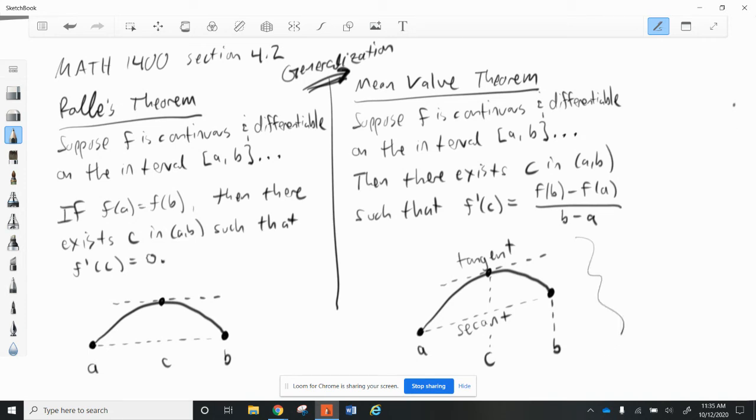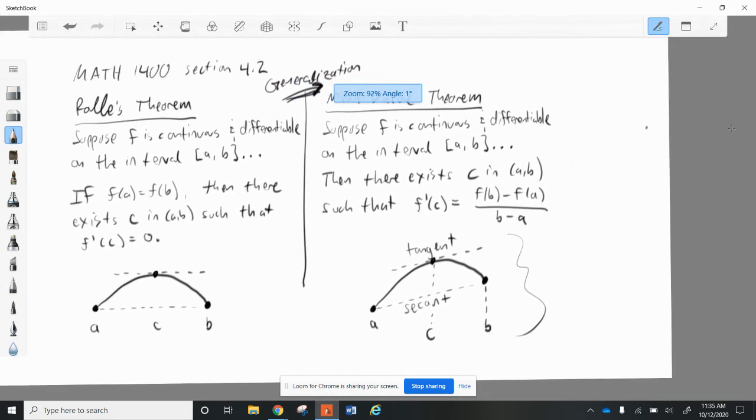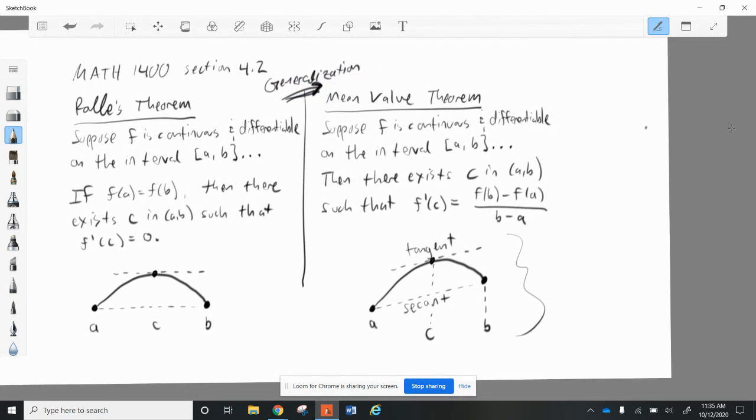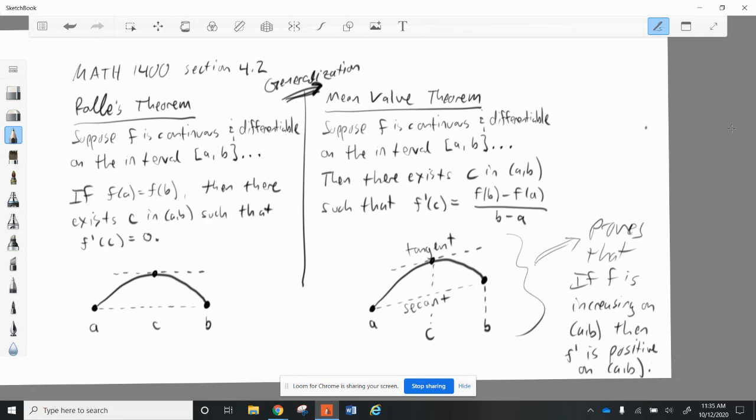So this mean value theorem is technically what we use to basically prove that if f is, say, increasing on an interval a to b, then that means f prime is positive on a to b, which is something we already talked about, right?